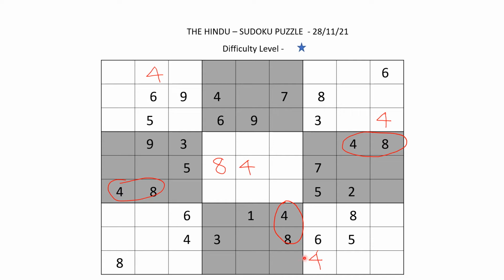Now let's move on to the next number, that is 5. There is a 5 here and a 5 here. So this 5 blocks these 3 cells. This 5 blocks this cell, and we have a 5 here which blocks here. That means this cell takes a 5.